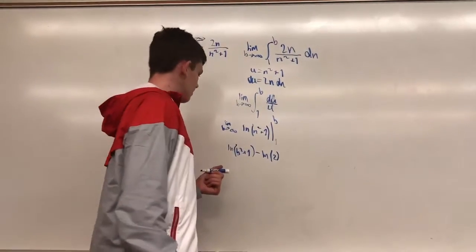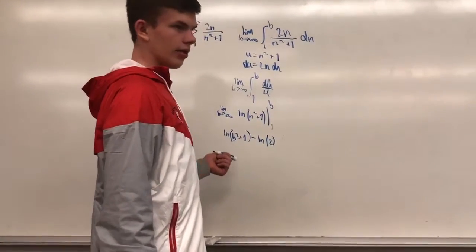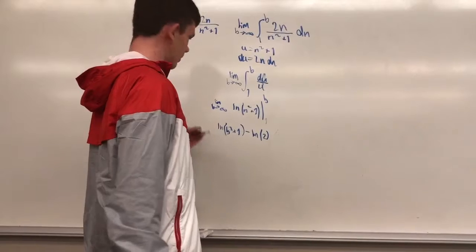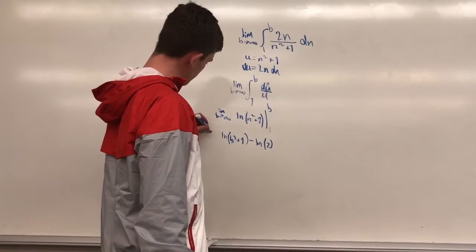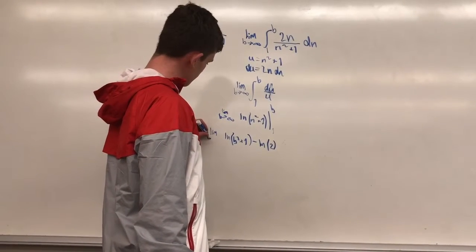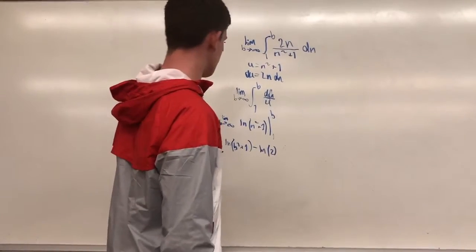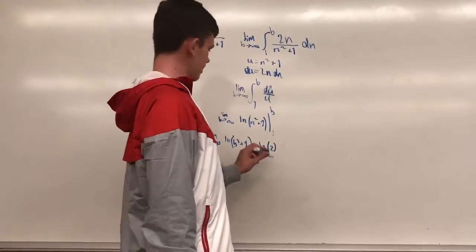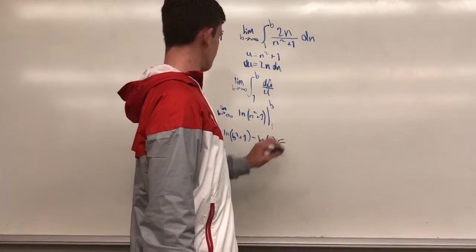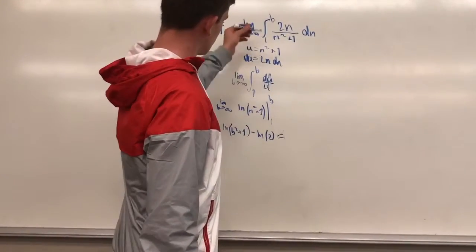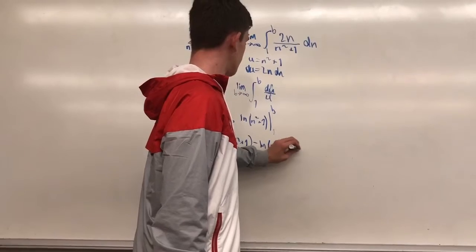And so, obviously, if we're doing the ln of infinity, that's just going to equal infinity, because we've got b is going to infinity. And infinity minus anything is still going to be infinity, which means that the solution to this integral is infinity.